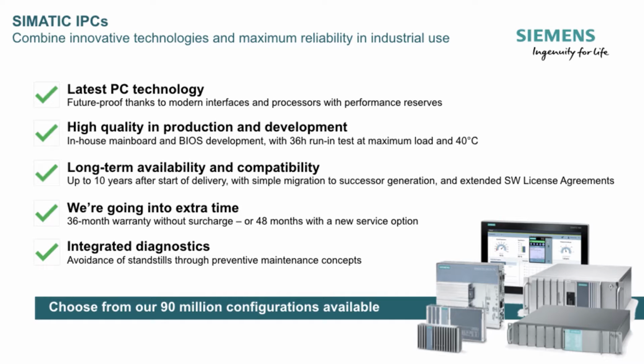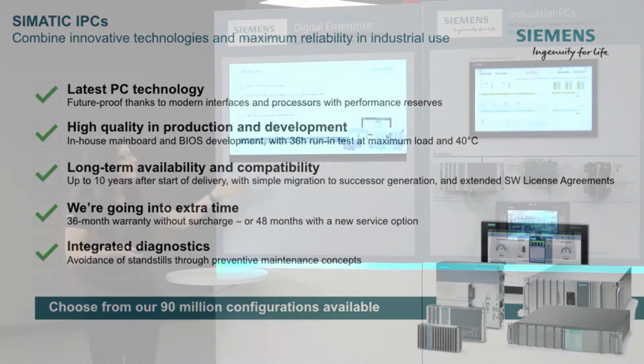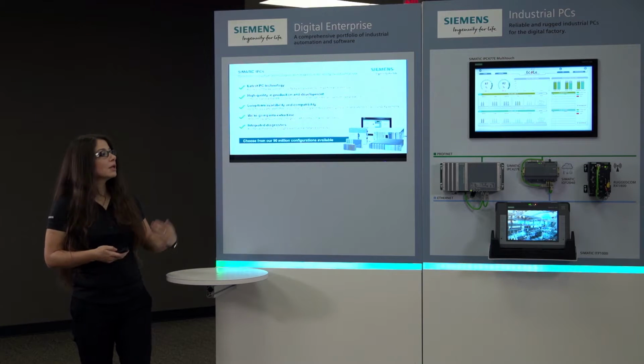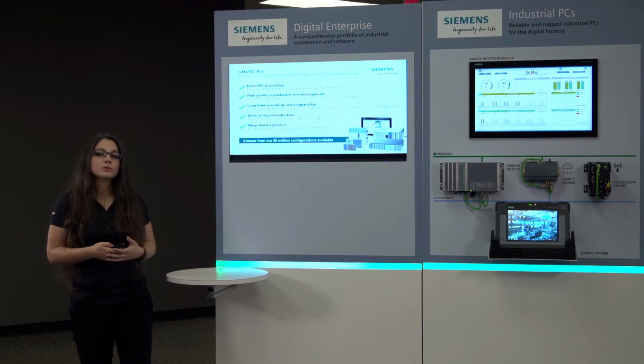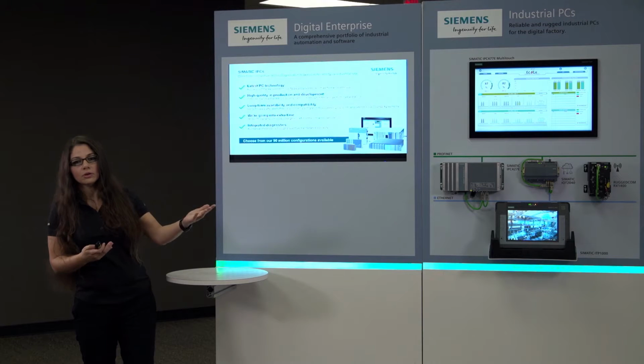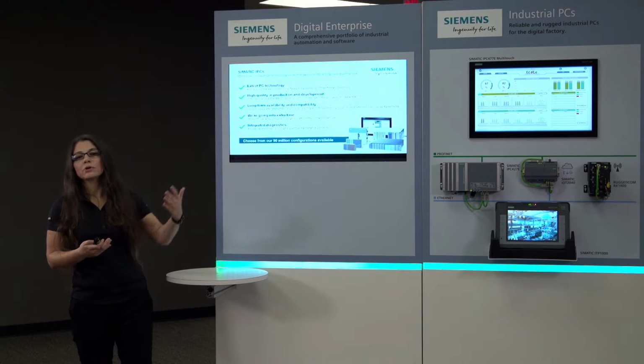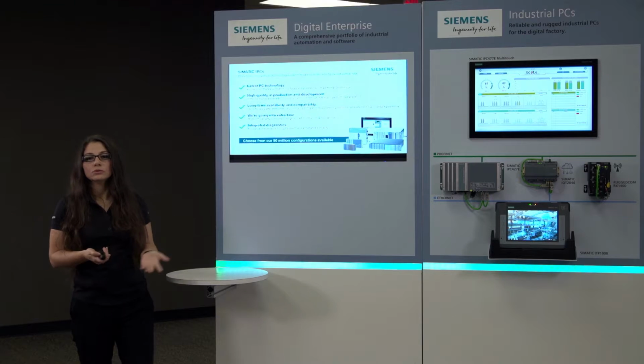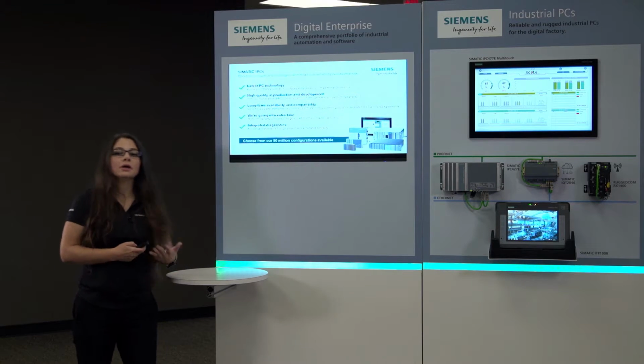The form factor continues the same. Another advantage is integrated diagnostics, so you can see what is wrong with your IPC. We also have options to access remotely, depending on where your IPC is. If it's in another location, you don't need someone to go there to do the maintenance on your IPC. You can do this remotely.